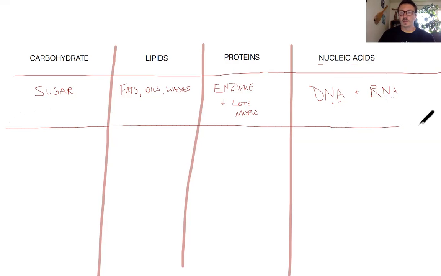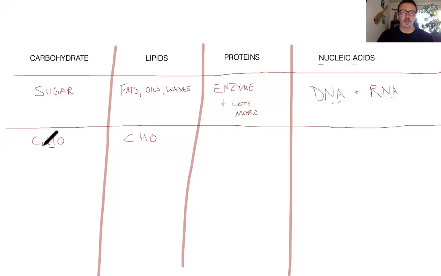Now, what else do you need to know about them? Or what's another way that we can separate them out? Is the elements that they have. Carbohydrates have carbon, hydrogen, and oxygen. Lipids have it as well: carbon, hydrogen, and oxygen, right? So they have the same 3 elements. The major difference, though, is carbohydrates tend to have twice as many hydrogens as they do carbon and oxygen.